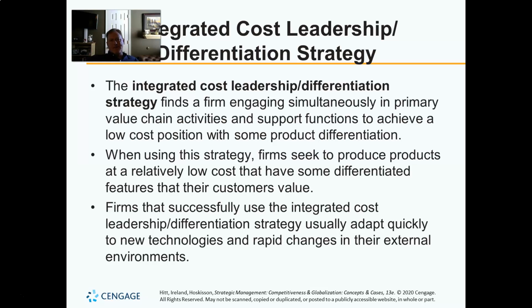If you're running a best value strategy, your goal would be to target the middle of that line, right in the middle of the market. Integrated cost leadership would be a company selling a product that is exactly average in the industry, but at a slightly lower selling price. Okay, that's integrated cost leadership.